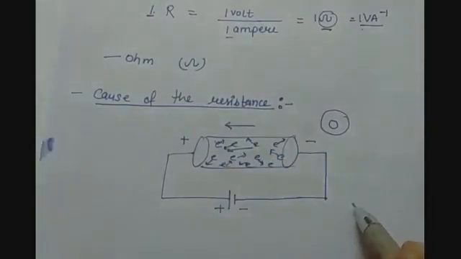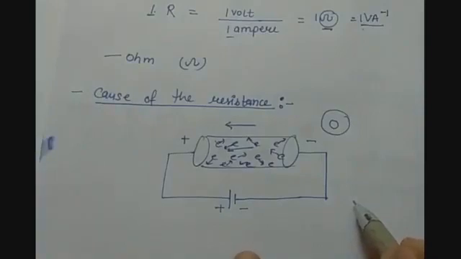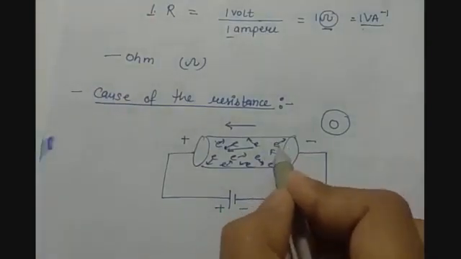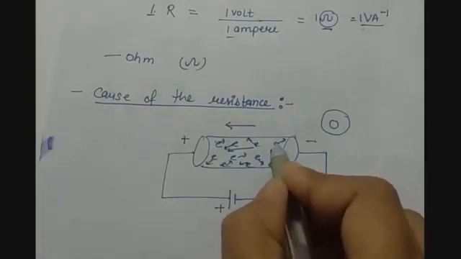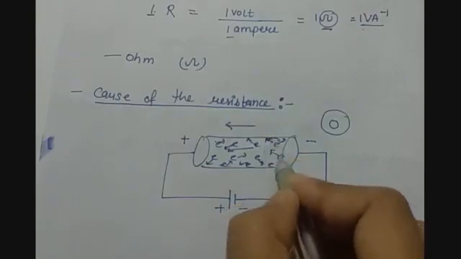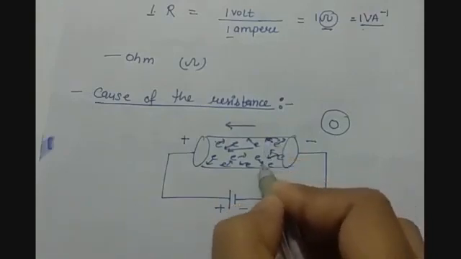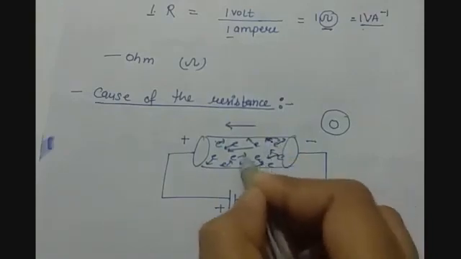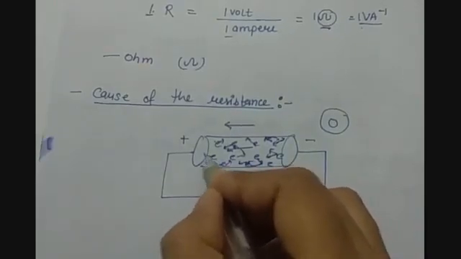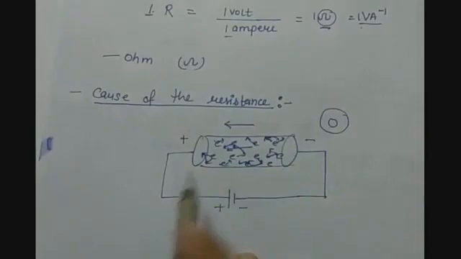To make the net flow take place, the electrons change their position, change their direction and try to align in this direction. So each electron will try to align towards the positive terminal of the battery.